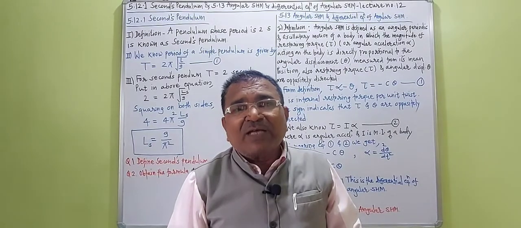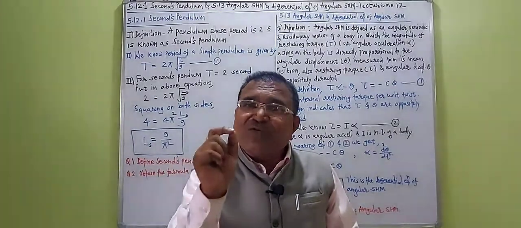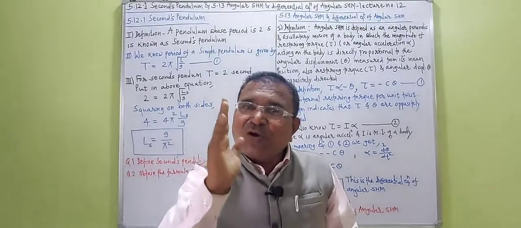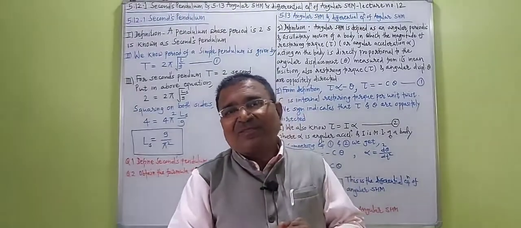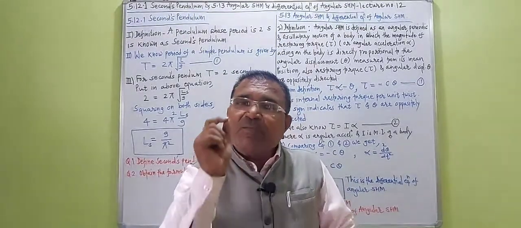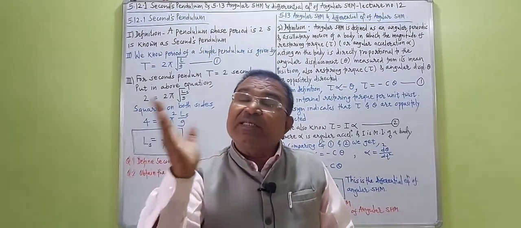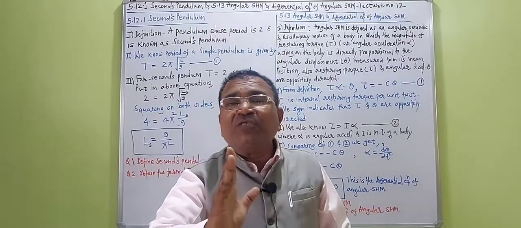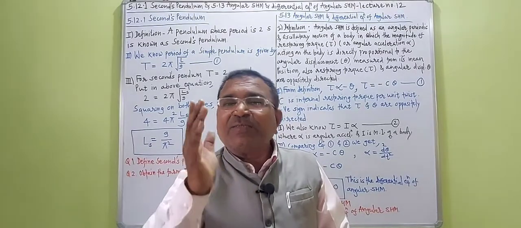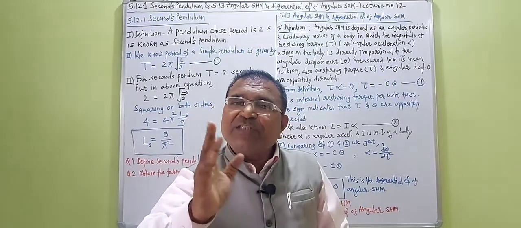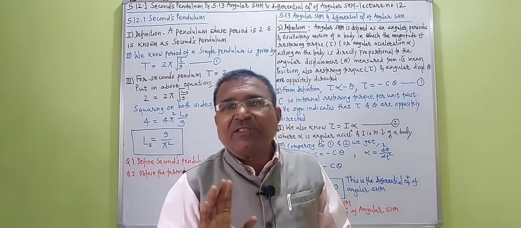So, angular SHM is an angular periodic oscillatory motion in which the magnitude of the restoring torque tau is directly proportional to the angular displacement theta measured from the mean position.